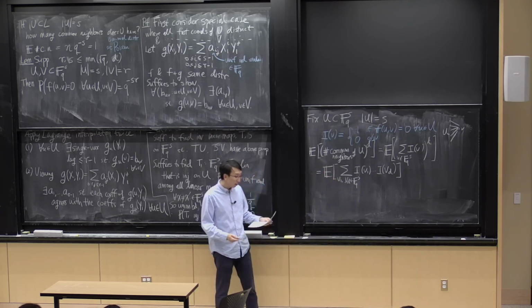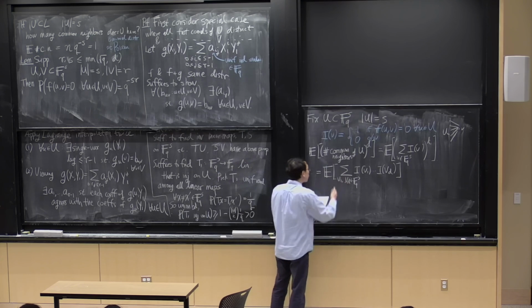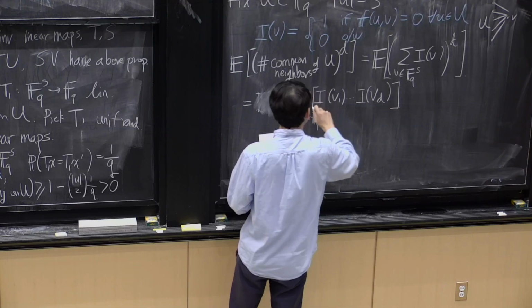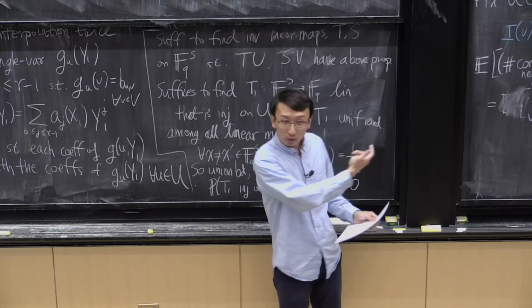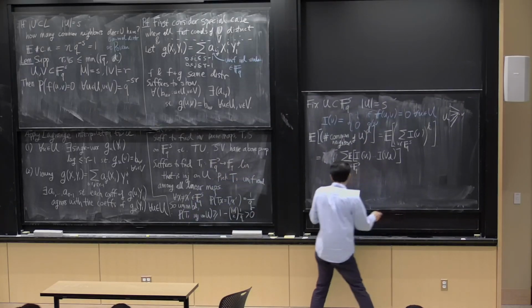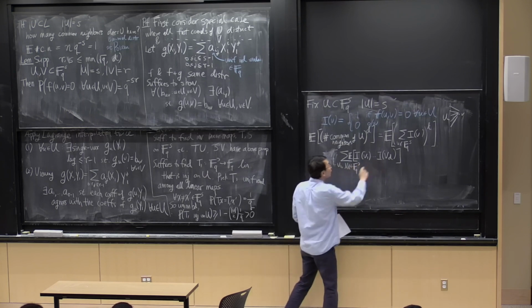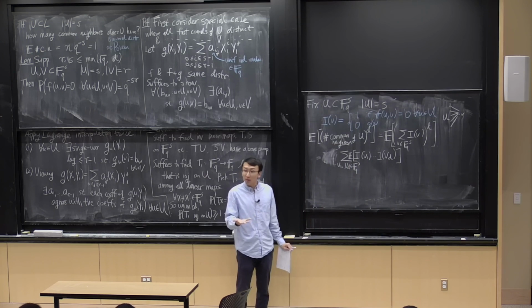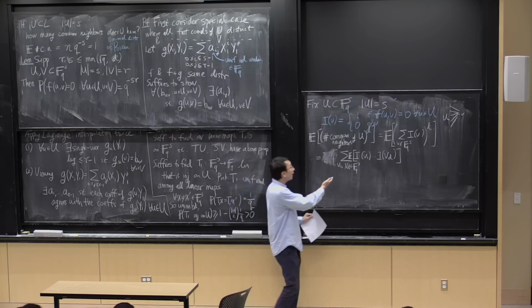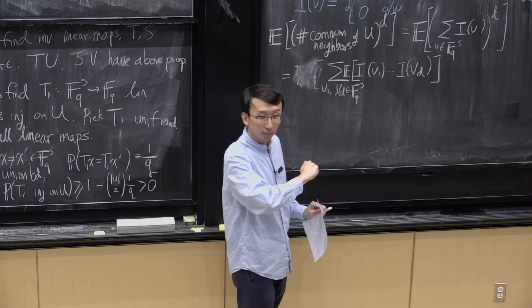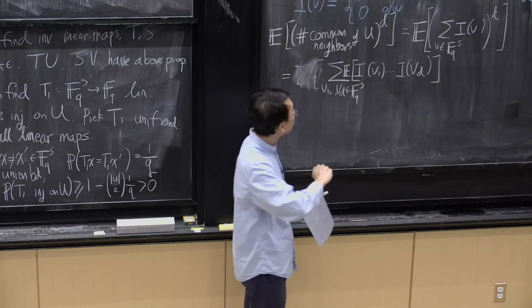Okay, so I can bring this expectation inside and try to understand the expectation of the object inside. If all the v's are distinct, then this is simply the expected number of K_{s,d}'s.